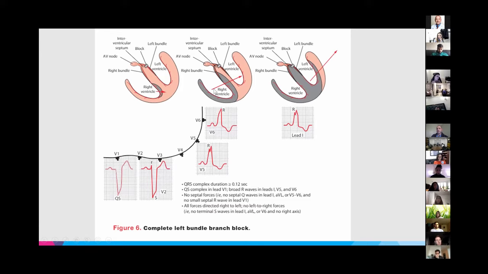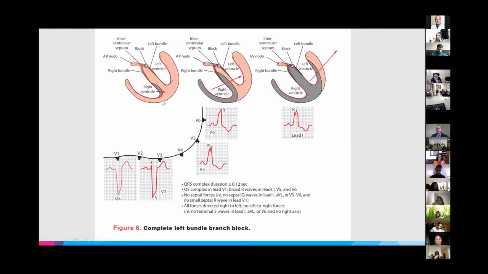And left bundle branch block, same concept, right? You have a very delayed activation of the left ventricle, and then what happens? Your V1 is predominantly negative, because the vector goes away from lead V1, and V5 and V6 are going to be monophasic.